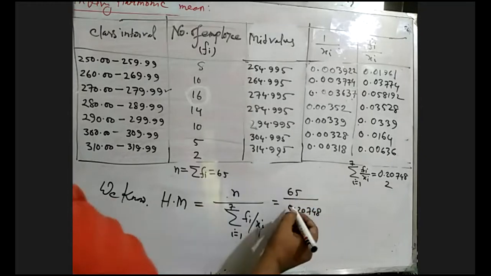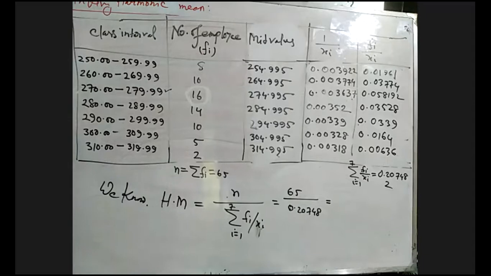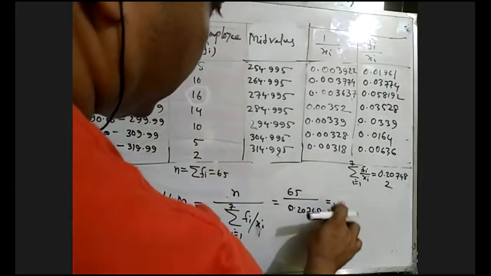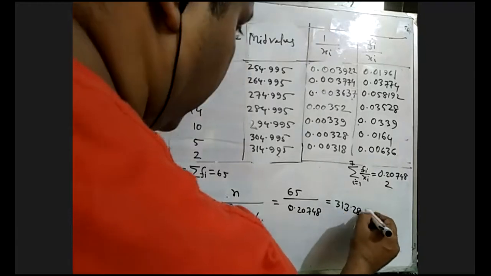So what will be the approximate result for the harmonic mean? 65 divided by 0.20748, we get, what will be the result, 65 divided by 0.07482, actually 300, this will give 313.28 approximately.